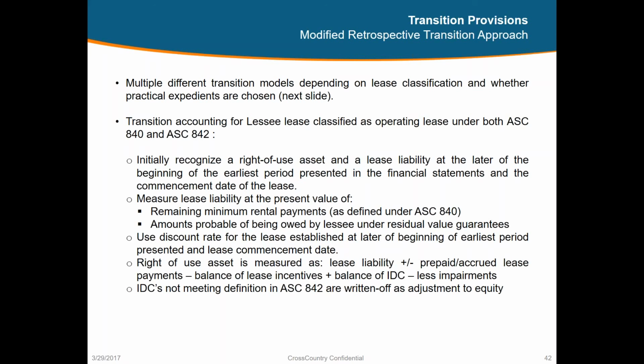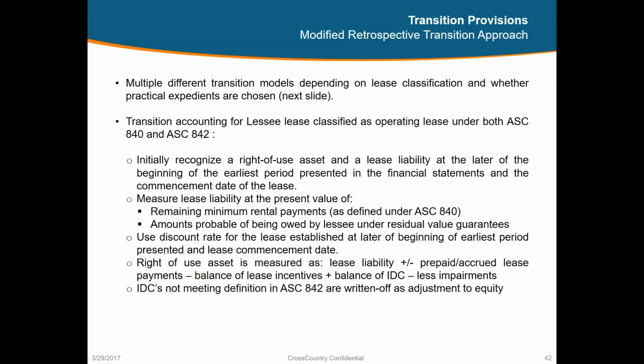That model requires the initial recognition of the lease liability, equal to the present value of the remaining lease payments as defined under topic 840, with amounts probable of being owed by the lessee for any residual value guarantees. Discount rate is established at the latter of the earliest period presented or the lease commencement date, not the original date of the lease. Right of use asset is measured in the same way that it would be under topic 842.